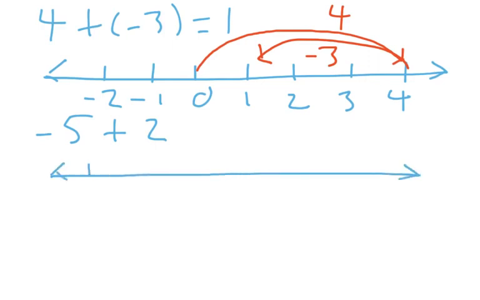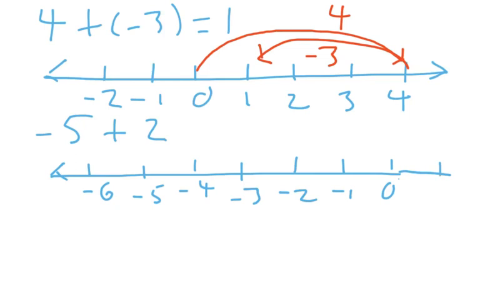So I'm drawing a number line here. Want to get some room for some negative numbers. And maybe extend that just a little farther. There we go. -5 plus 2. So the -5, we always start at 0. -5 would mean our arrow goes to the left 5 units.